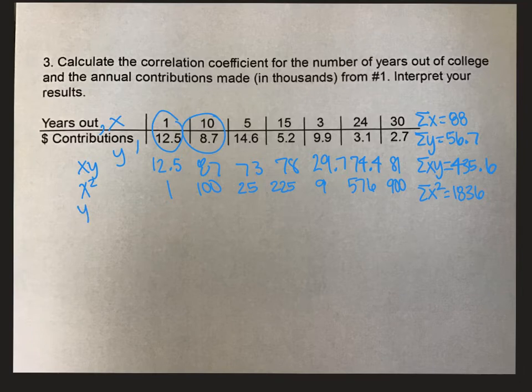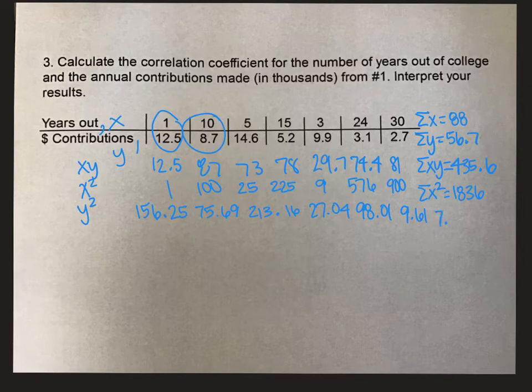And then I'm going to square my y values. 12.5 squared, 8.7 squared, 14.6 squared, 5.2 squared, 9.9 squared, 3.1 squared, and 2.7 squared.